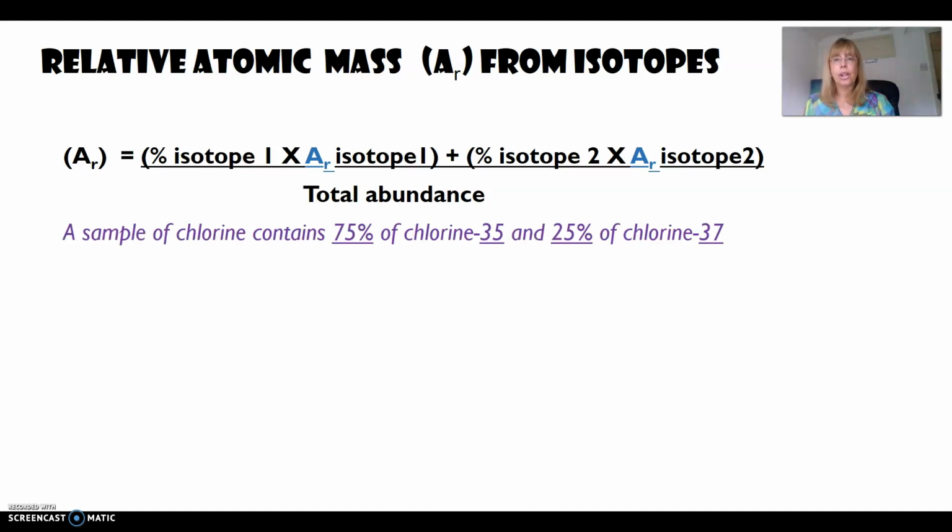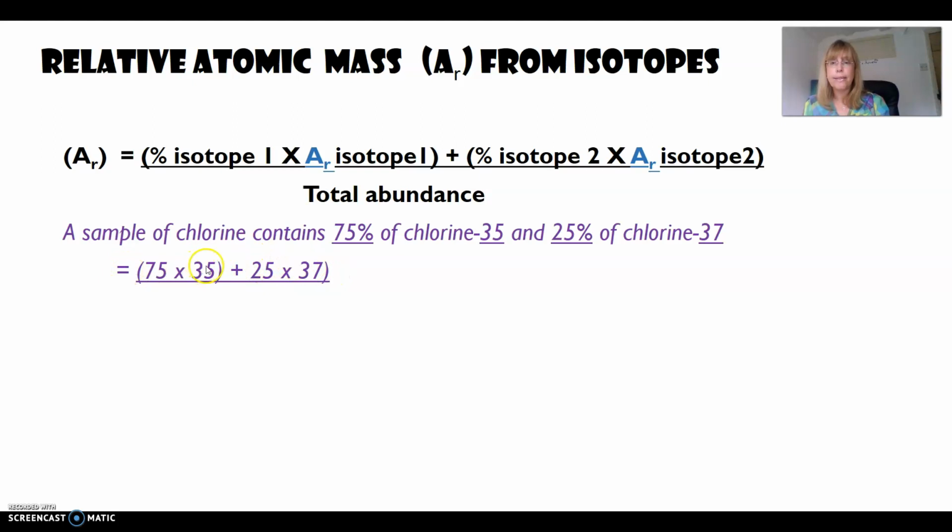This is an example. A sample of chlorine contains 75% of chlorine-35 and 25% of chlorine-37. So writing out the formula, I can substitute in. I have 75% multiplied by the relative mass of chlorine, which is 35, plus, and sorry, I should have put brackets here, 25% of chlorine-37.